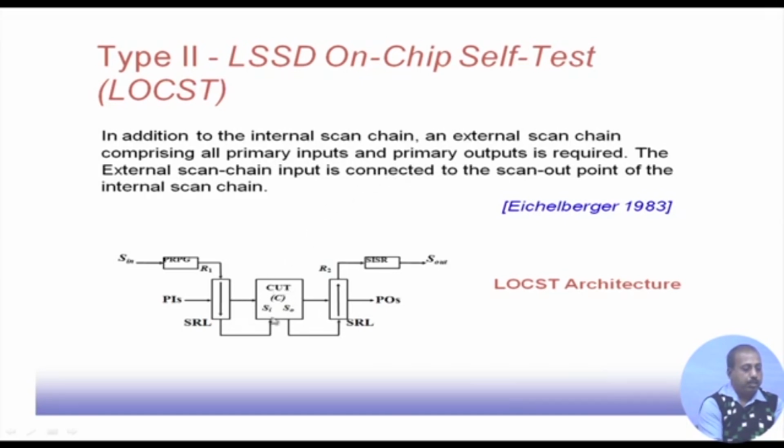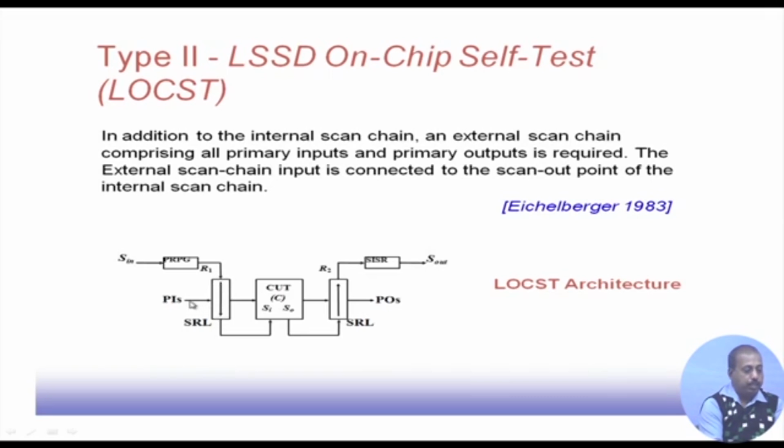This circuit has one internal scan chain where SI is the scan input and SO is the scan output. Apart from that, we have separate scan lines. What happens is that the pattern is generated from the pseudo random pattern generator, and then that goes into this shift register latch, and this shift register latch.